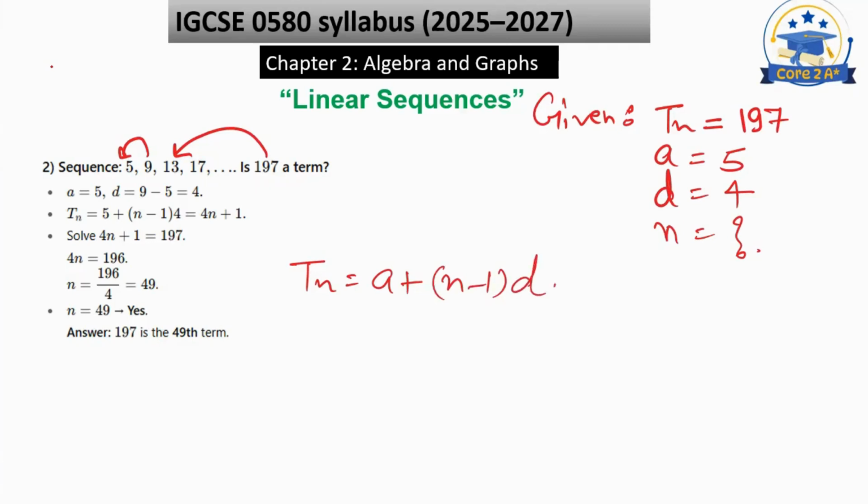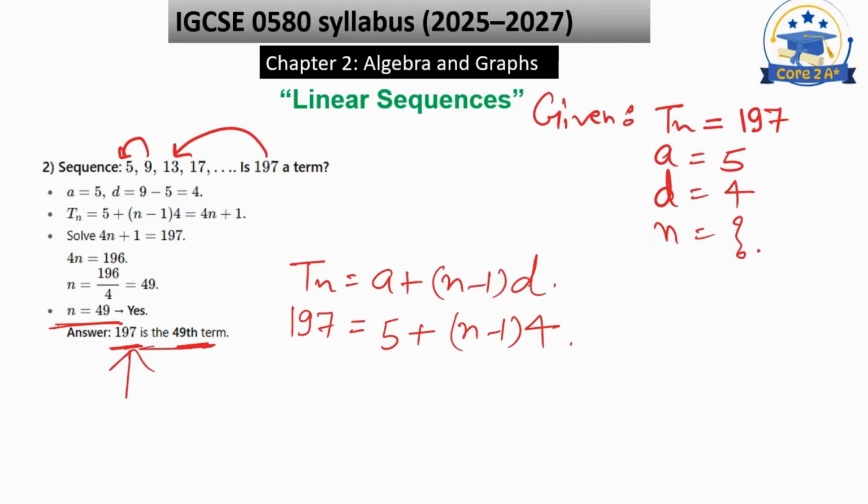In the place of Tn, 197 equals A, which is 5, plus (n minus 1), D is 4. As in the previous question, simplify it and you will get the answer 49. It means 197 is the 49th term. On the 49th number, the number would be 197.